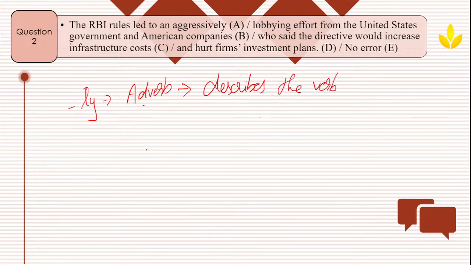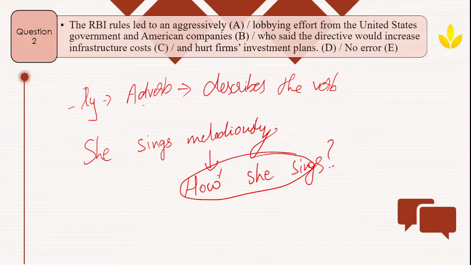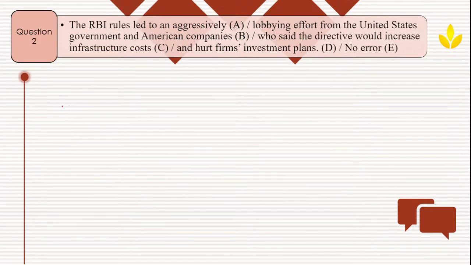For example, if you say she sings melodiously, it explains how she sings. So to answer the question of how, we use an adverb. So an adverb defines or describes the action. Most of the adverbs will have ly as a suffix.